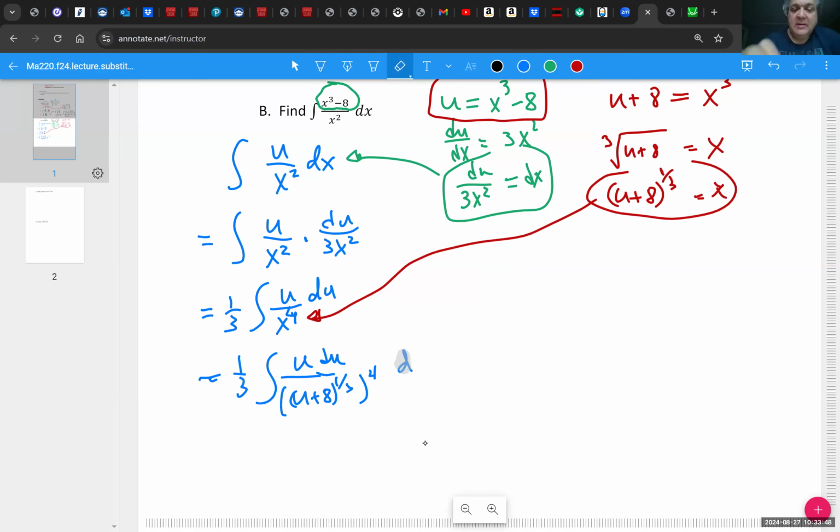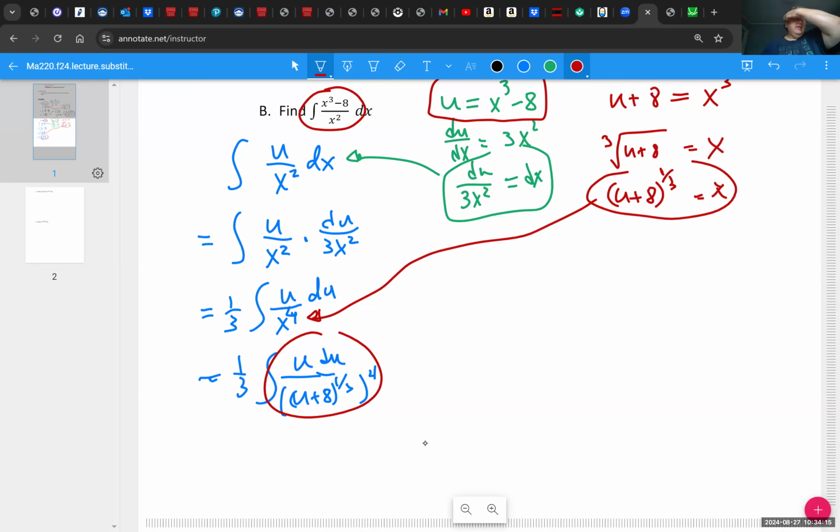So now that we have everything in terms of u's, we're going to ask ourselves, is this simpler? The original problem up here had x cubed minus 8 over x squared, and our new formula has u over u plus 8 to the 4/3. I don't think it got simpler. Remember, the whole purpose of this is to get it to be simpler, and this technique did not result in that.